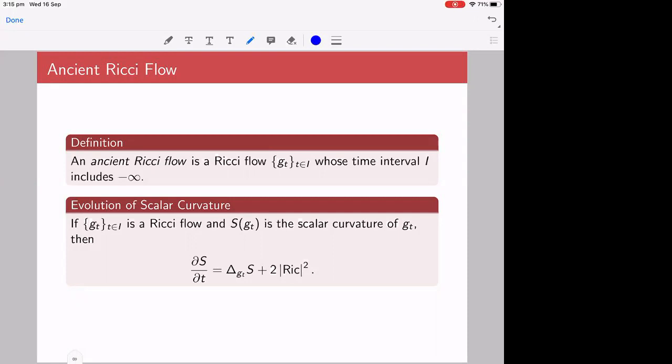But to start, the very first thing we need to do is look at the evolution of the scalar curvature under the Ricci flow. Hopefully it will become clear shortly why we care about this.